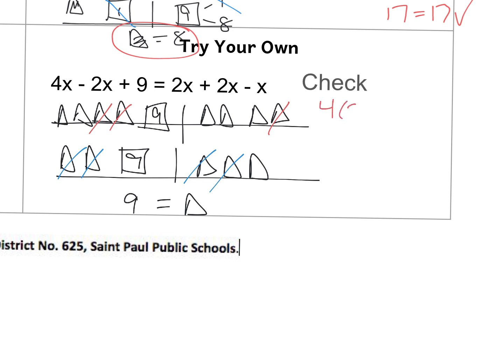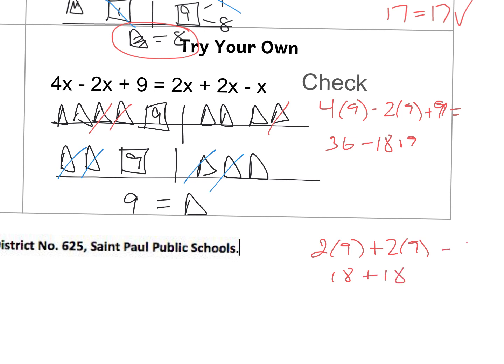So if we have 4 times 9, 36, minus 2 times 9, which is 18, plus 9, has to be the same as, I'm going to run out of room, I'll do it down here. So 2 times 9 plus 2 times 9, which would be 18 plus 18 minus 9.